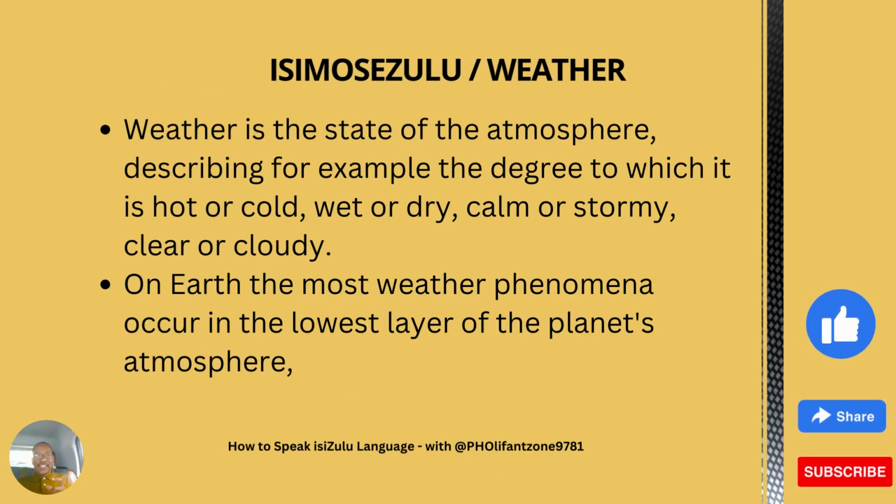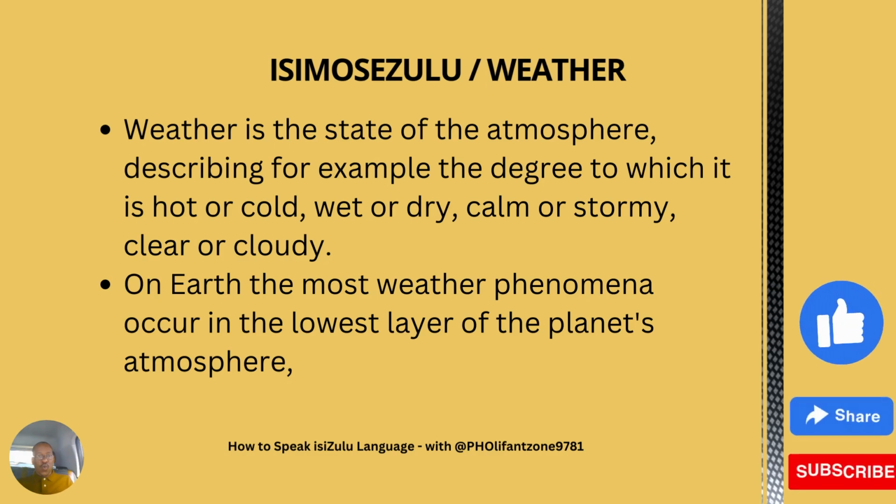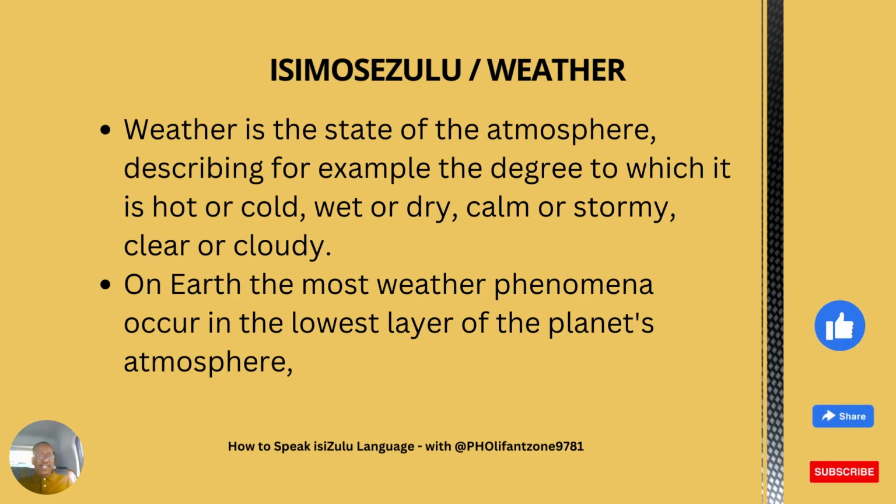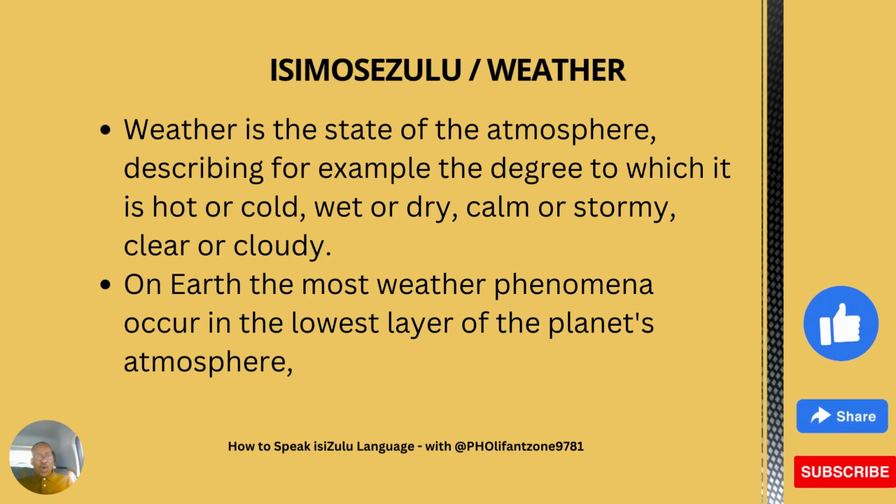Weather is the state of the atmosphere, describing, for example, the degree to which it is hot or cold, wet or dry, calm or stormy, clear or cloudy. On Earth, most weather phenomena occur in the lowest layer of the planet's atmosphere.